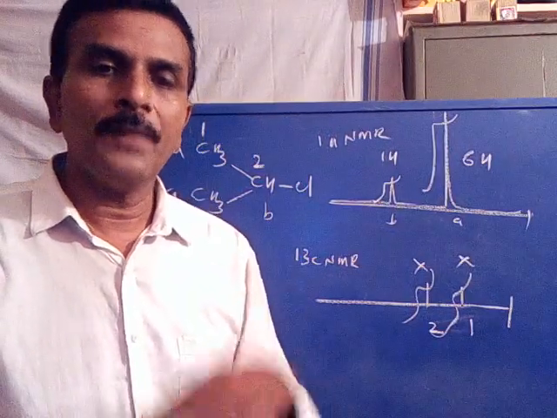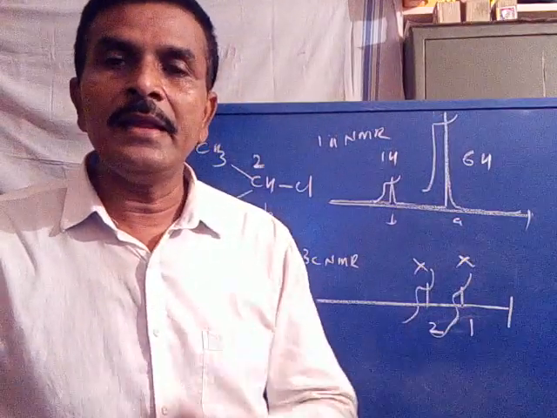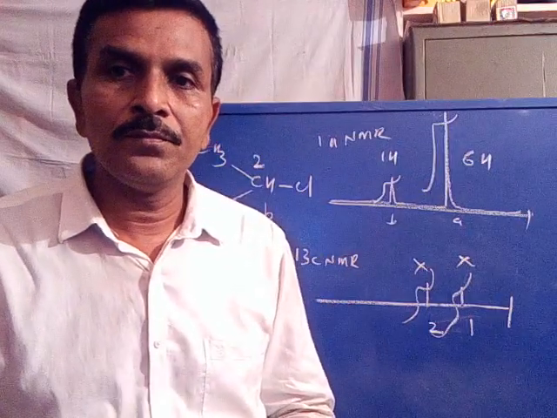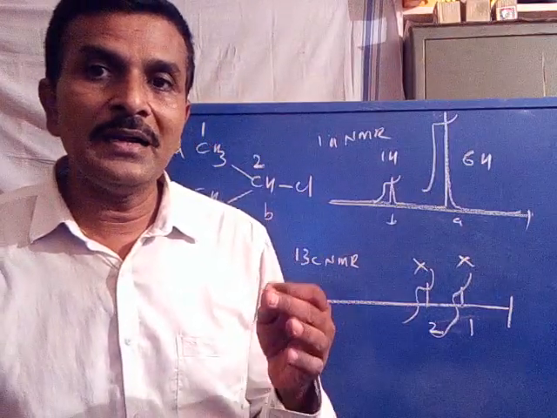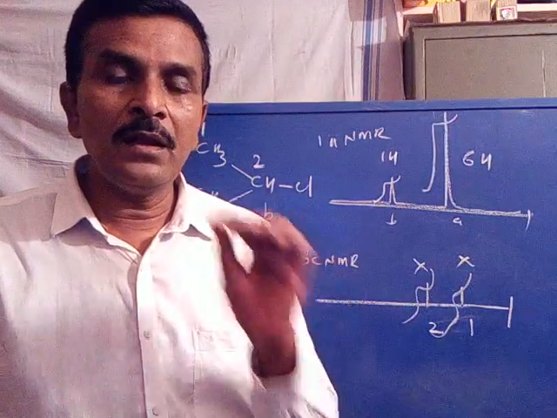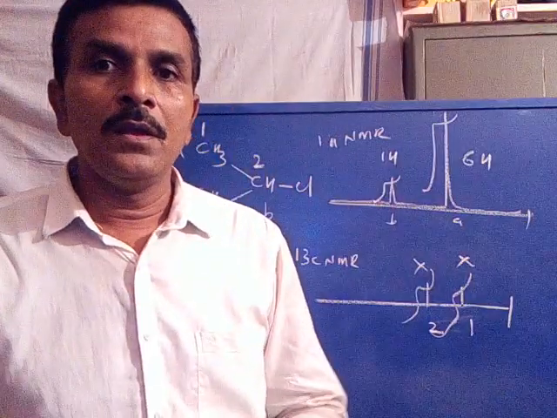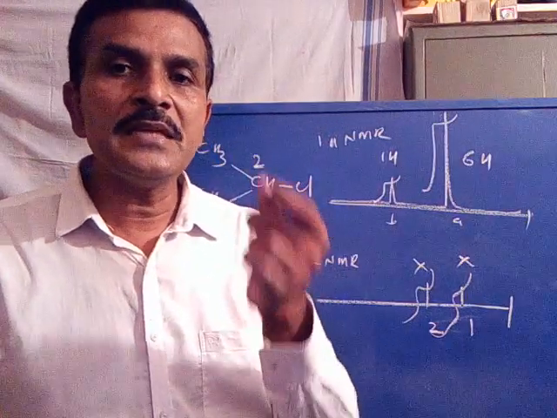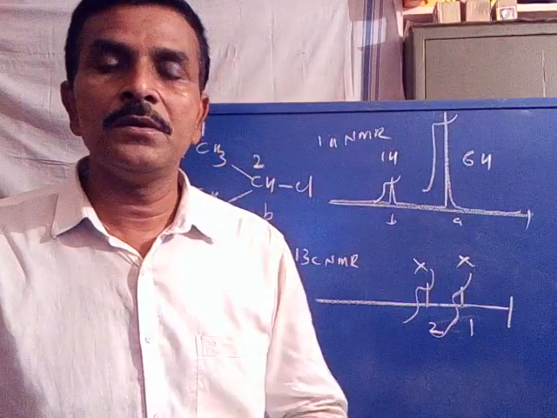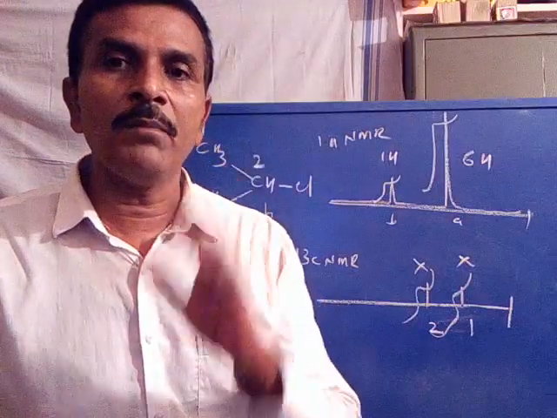Is it clear? Now, further, if any set contains more than one equivalent carbon, just remember, we cannot integrate the carbon signal, we cannot count the number of equivalent carbons. But if any set contains more than one equivalent carbon, its signal appears as a dark line instead of normal.